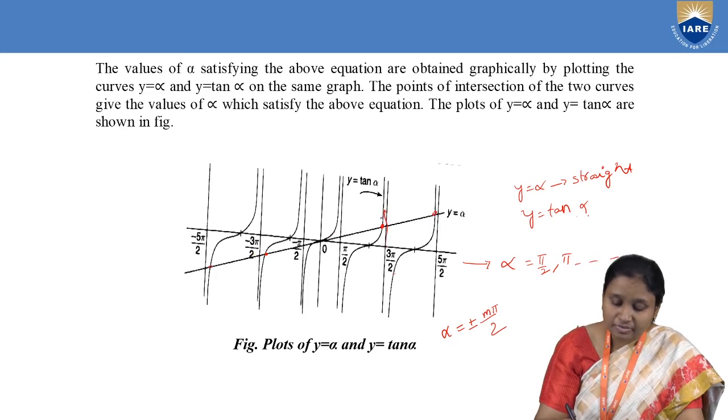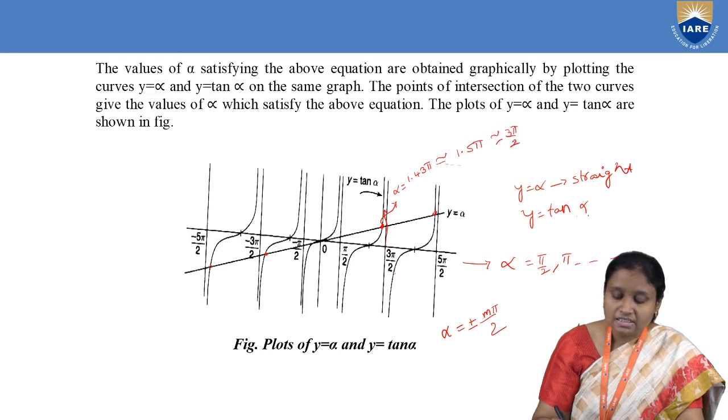Then this particular point, alpha is actually 1.43 pi, or I can take it to be approximately 1.5 pi, or approximately 3 pi by 2. Similarly, if I take this point, alpha is equal to 2.46 pi, which is approximately 2.5 pi, which is approximately 5 pi by 2.